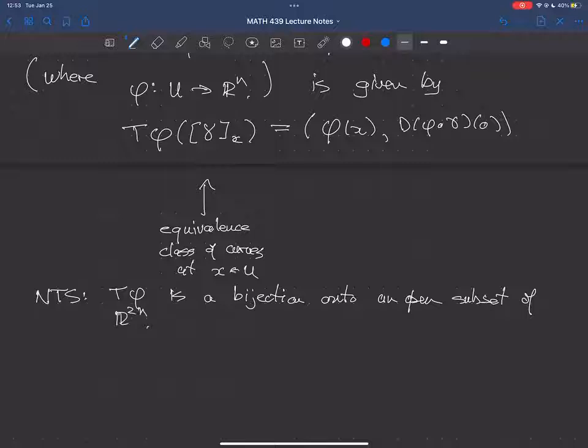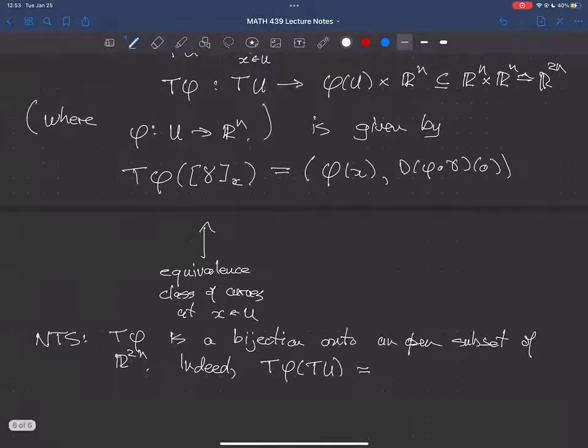Because that's the first property of a chart, that it has to be a bijection onto an open subset of whatever Euclidean space it is that you're dealing with. So let's first consider what the image of T phi is.